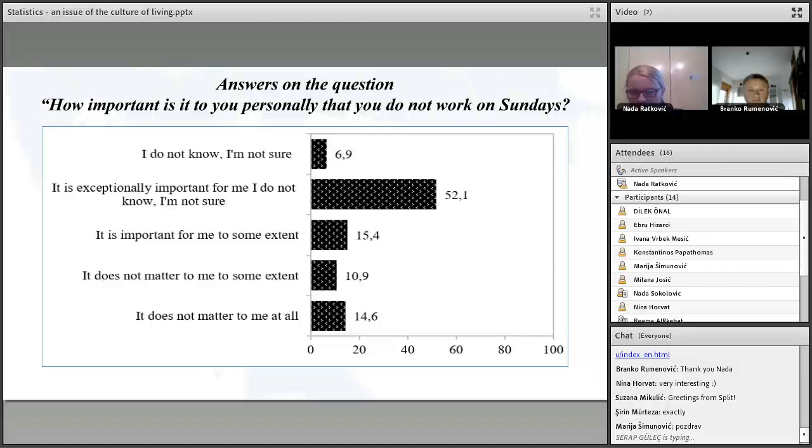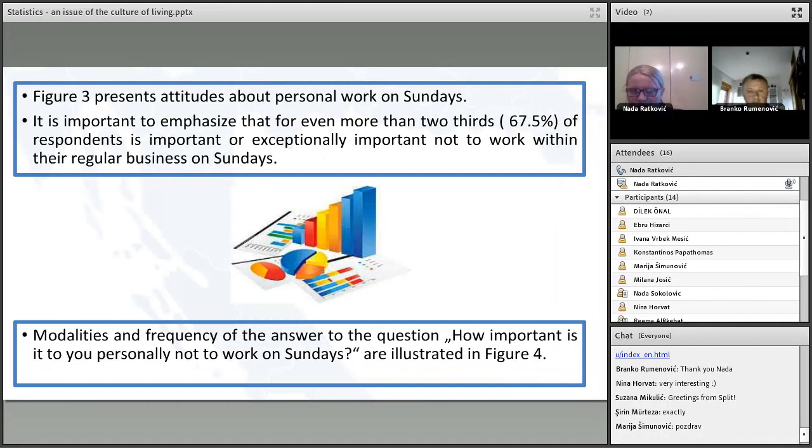This is the same but shown on a different graph. Figure 3 presents attitudes about personal work on Sunday. So it is very important: for even more than two-thirds, it is important or exceptionally important not to work in their regular business on Sunday.